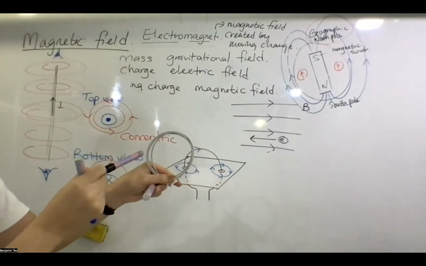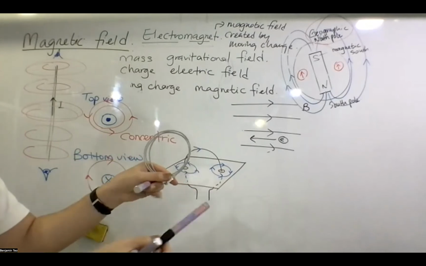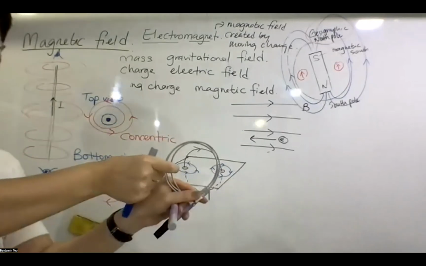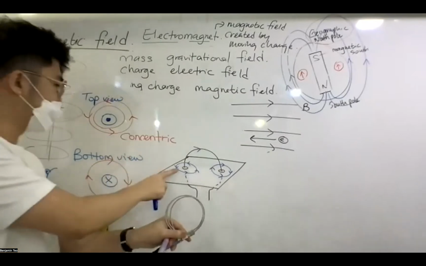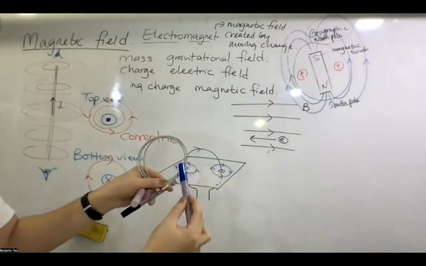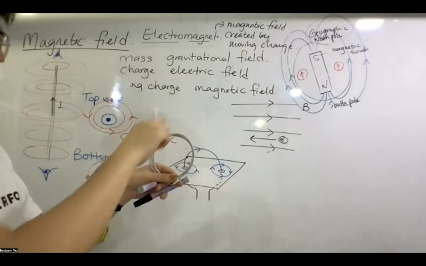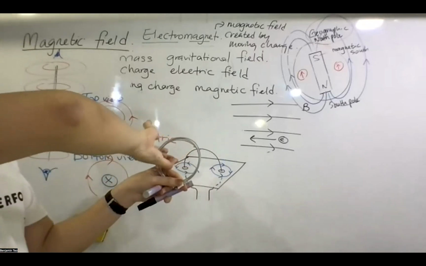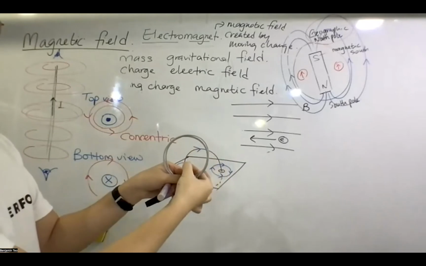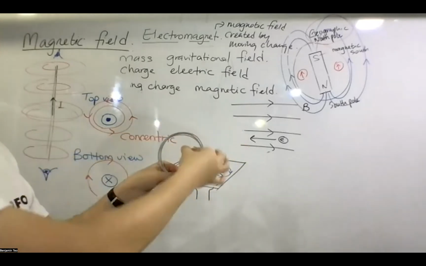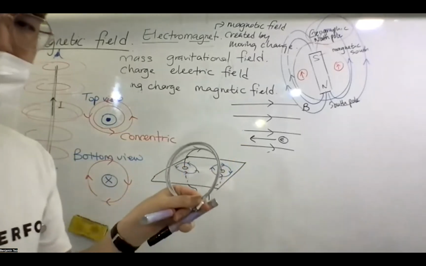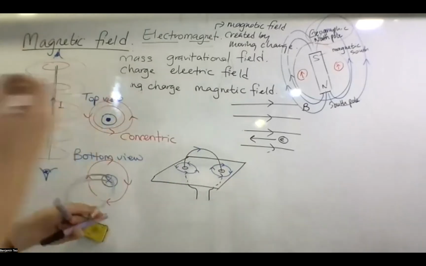So if you focus on the magnetic field around here, like this small little ring around here, it is this one. Along the length here, you have the magnetic field like this, all around the ring. You have to think of it in 3 dimensions.